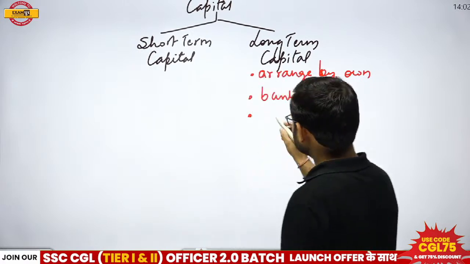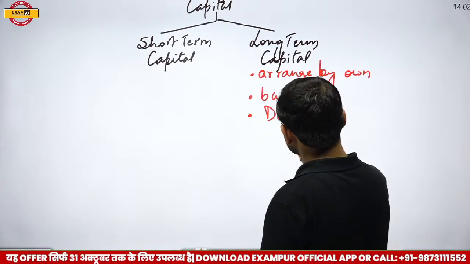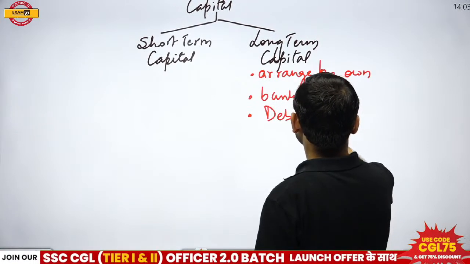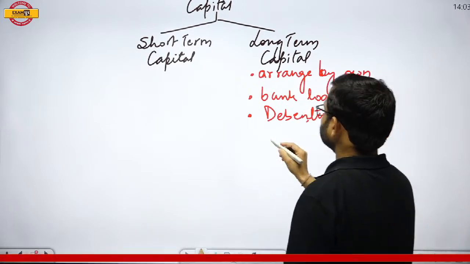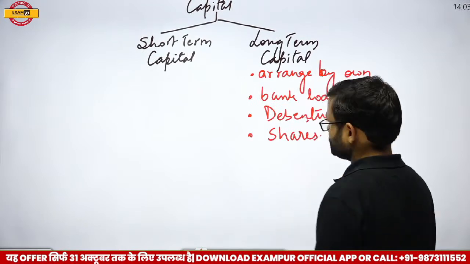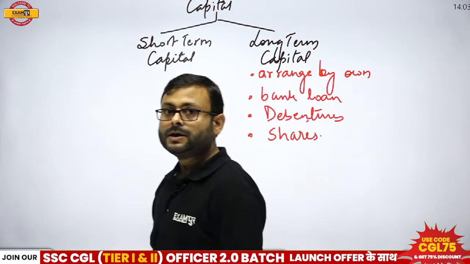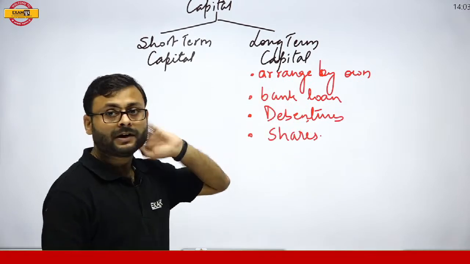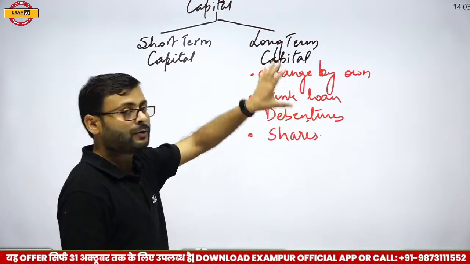The other thing is that you can issue debentures, and the last option is you can issue shares. So by issuing debentures or shares, or by getting a bank loan, you can arrange the long term capital for your business.